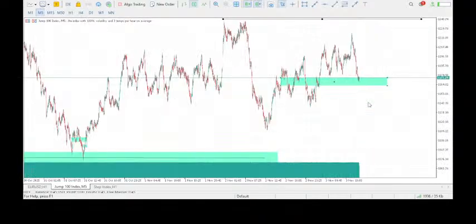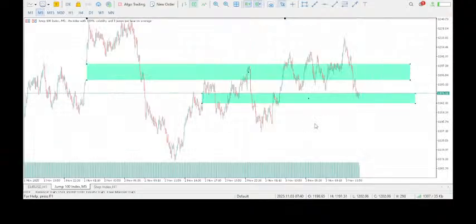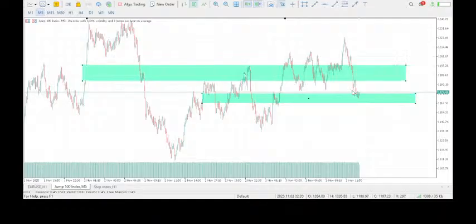Also we have that. I think I will use this one in 5 minutes, to add on to more trades. If it came up, you see how it's respecting that, respected it also here.